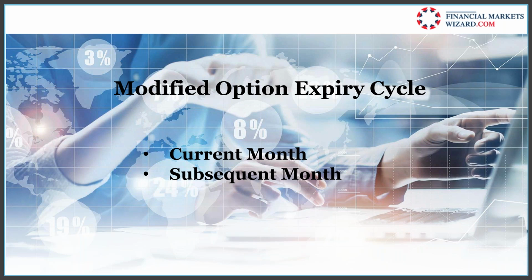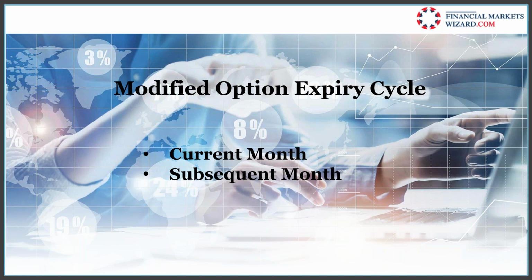Right now we are in the month of May, and let's say we were in the third week of April. If they only had the current month of April, then only 1 week is left. So that's the reason they added the current month and subsequent month. Every option has the current month, the subsequent month, and 2 months from the option cycle.